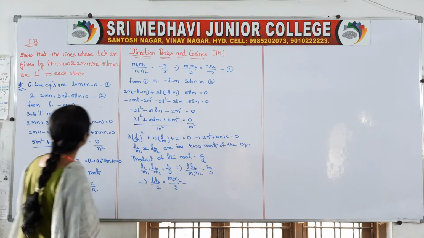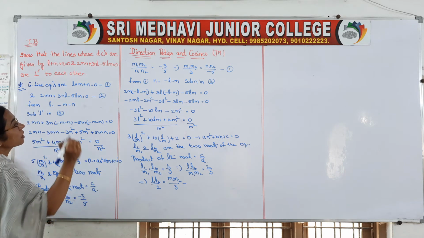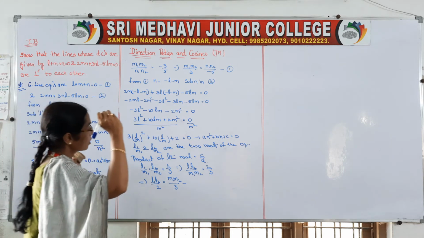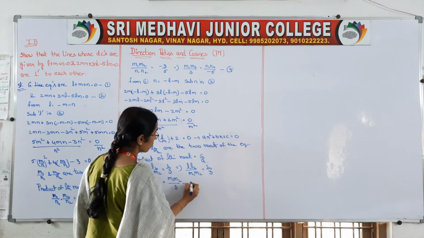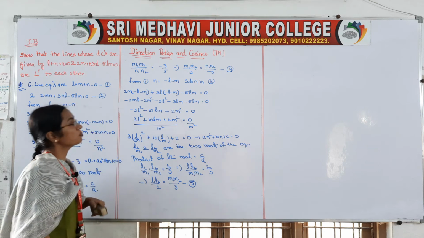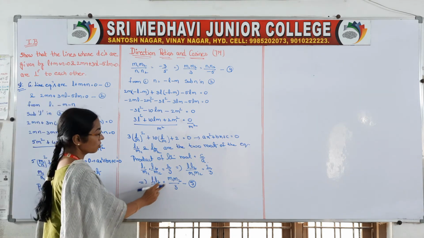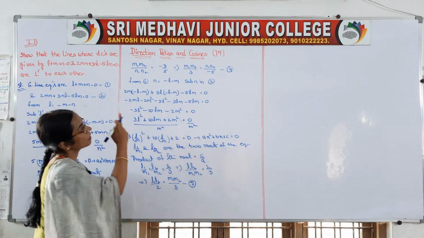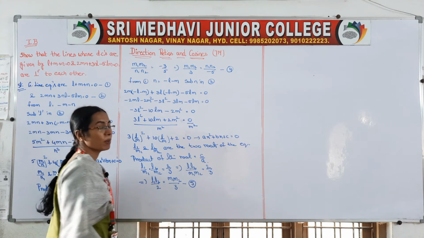Consider this as, till now, equations 1, 2, 3. We can take this as the fourth one, and this was the fifth equation. Now observe your fourth and fifth equations. L1 L2 by 2 is equal to M1 M2 by 3, and M1 M2 by 3 is equal to N1 N2 by minus 5.